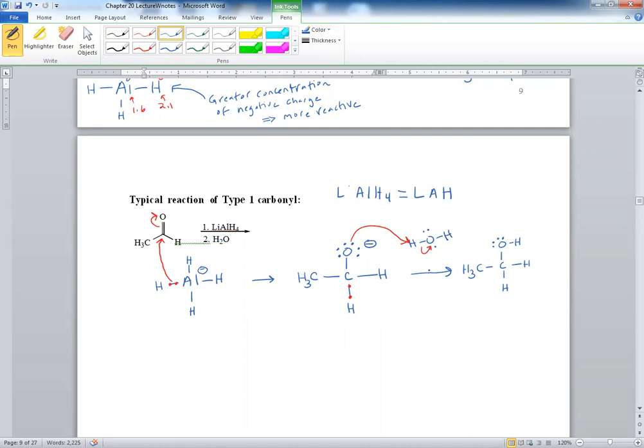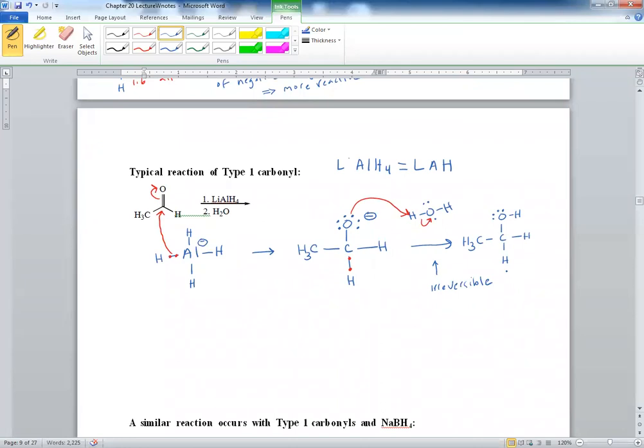So remember, this is irreversible. Can't kick out a hydrogen once it's added. And once again, it's worth mentioning that this was an sp2 carbon. Now it is an sp3 hybridized carbon.